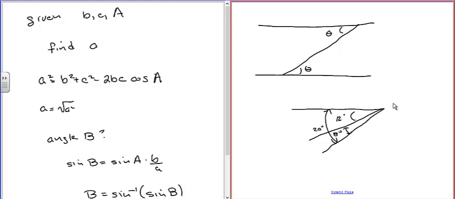And you also need to know, in addition to the law of sines, that the sine of theta is opposite over hypotenuse. Cosine of theta is adjacent over hypotenuse, and the tangent of theta is equal to opposite over adjacent. Okay, so there's a right triangle involved in that.